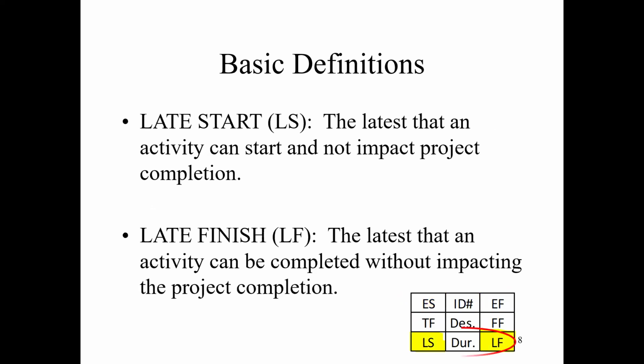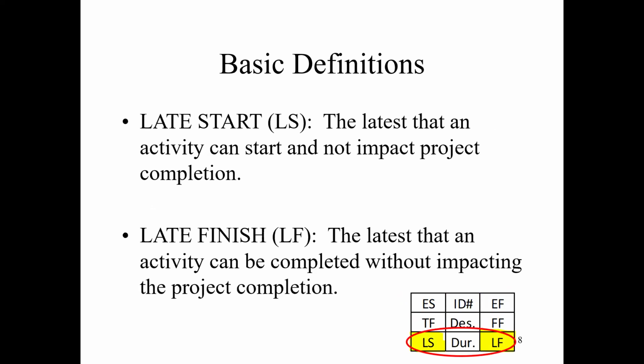We will have LS and LF, late start and late finish. The late start is when the activity can start without impacting the project computation. Because each activity may have its flexibility, it can be delayed or moved ahead, right? So it depends. And the late finish is when an activity can be completed without impacting the project computation.